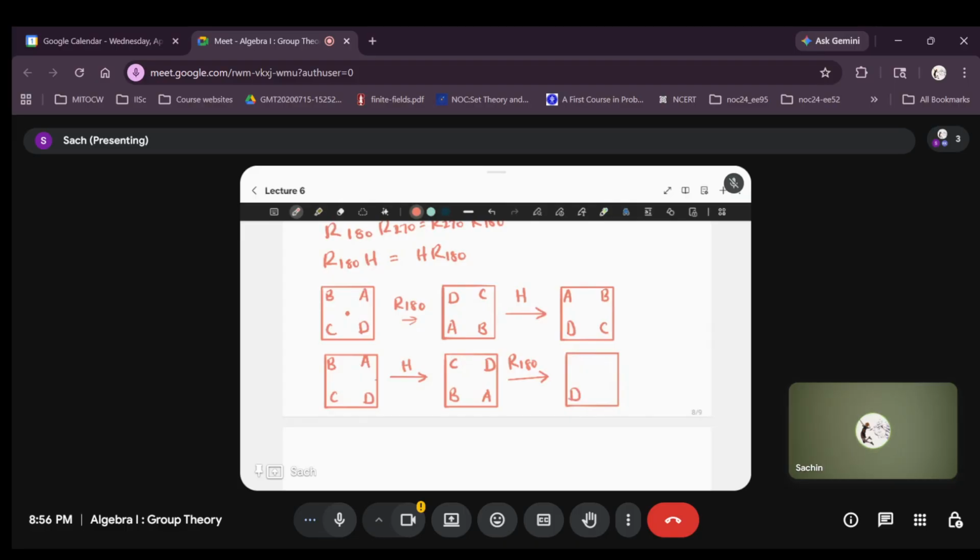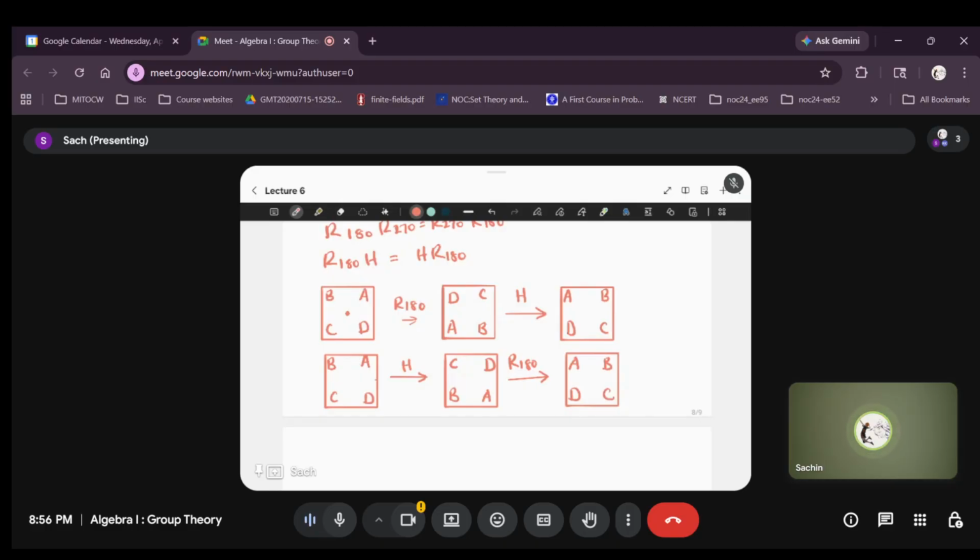D will go here. Then C will go to this position. C will be here. Then B will go here. Then A will go here. That's just by definition of R180.